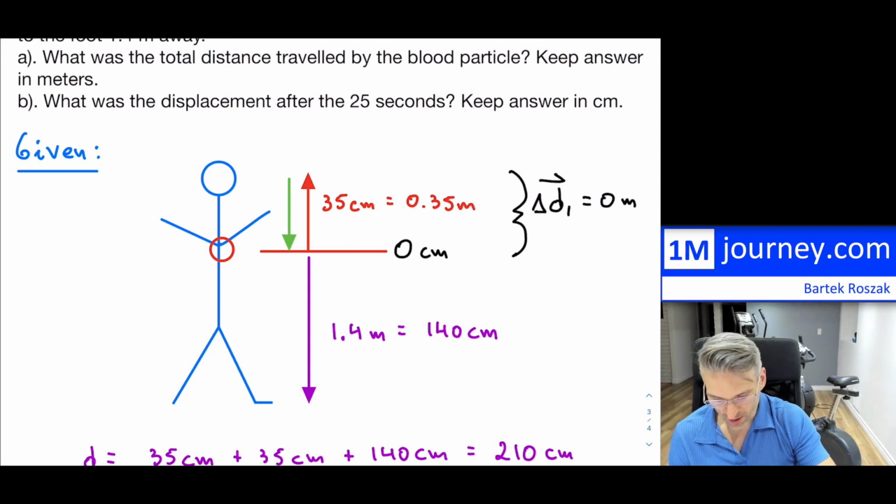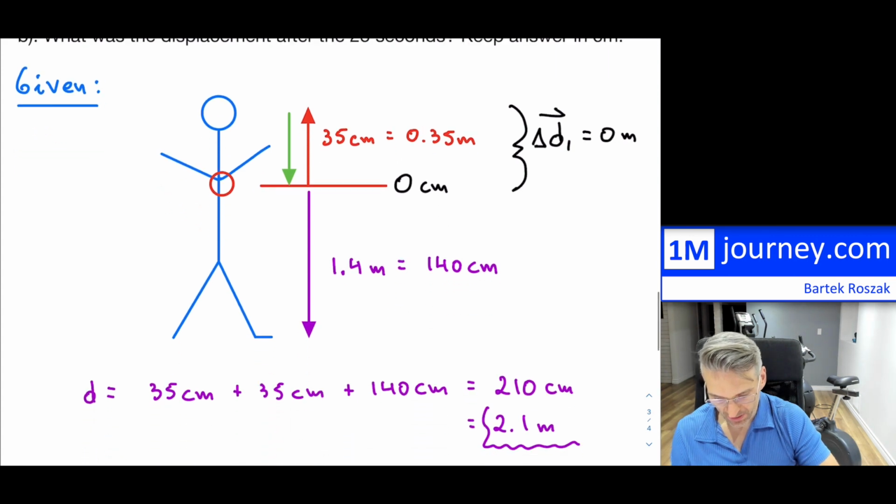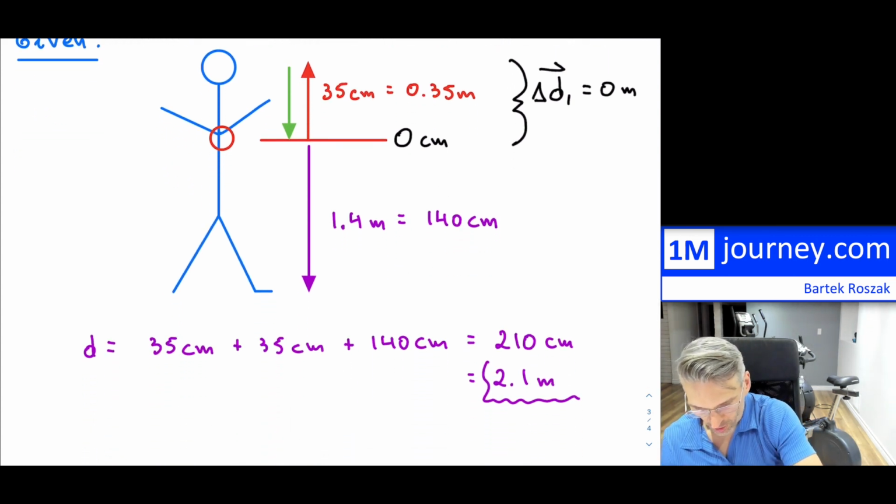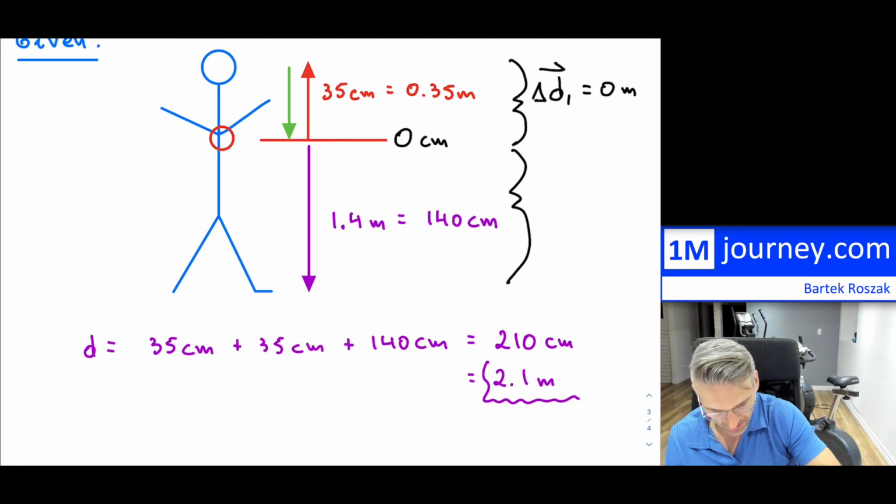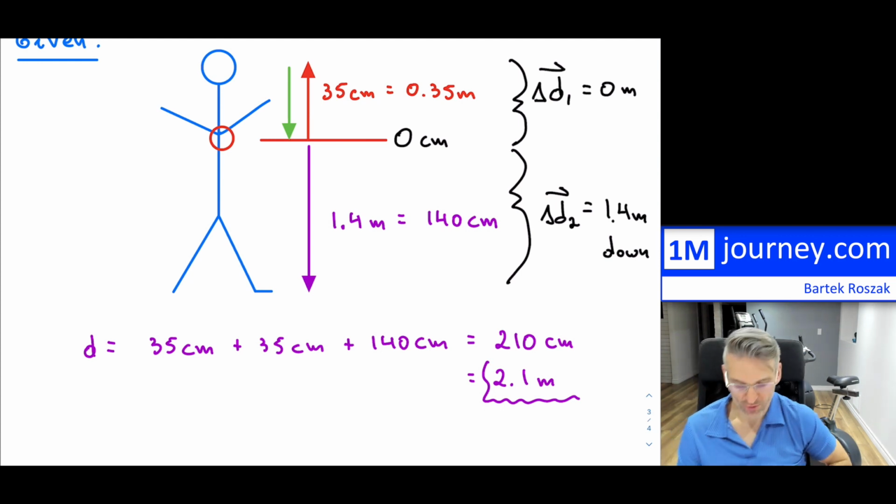So really now for the entire trip, my displacement as a whole, so here's my other trip, going all the way there. So my displacement on that second trip is the actual total displacement. If this is trip number 2 of the particle, it is going to be 1.4 meters. Now notice this is down, so we need a direction.